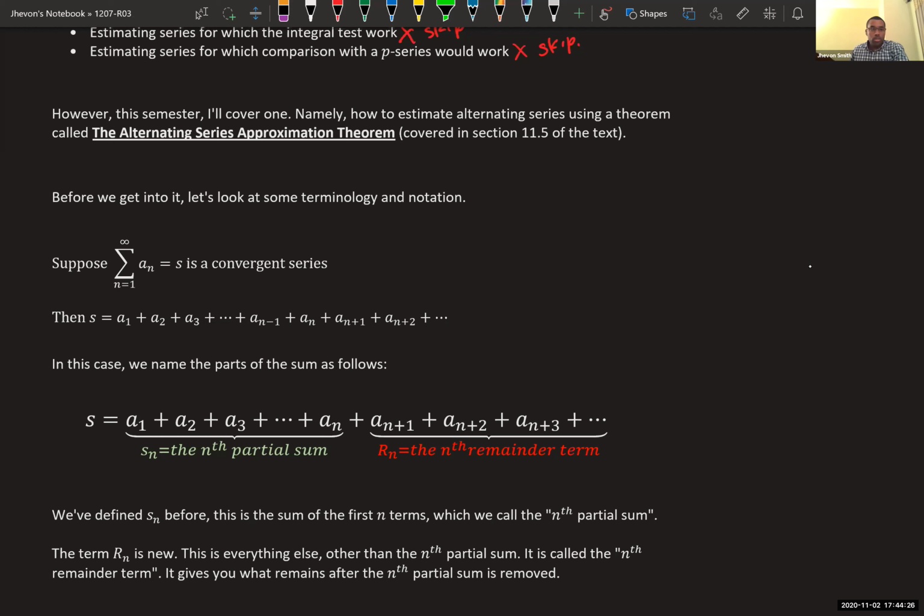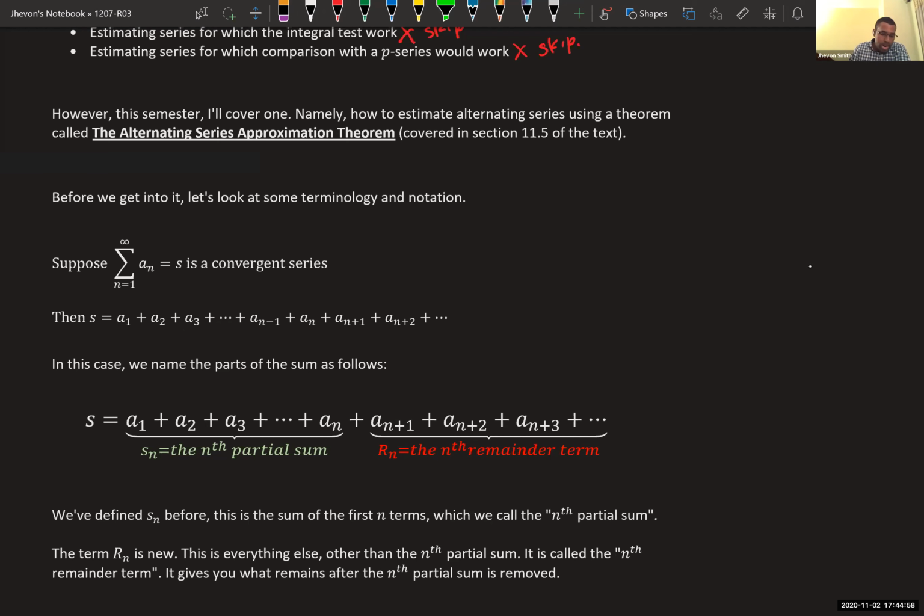Now in general for infinite series, of course, the remainder term is going to have an infinite number of terms in it. And it's also worth noting that if S is the actual sum, then if I take the partial sum and subtract it, moving it to the other side, that will give me a measurement for the remainder term, or what is left over after I subtract the partial sum from the actual sum.